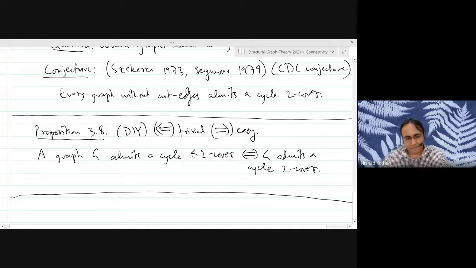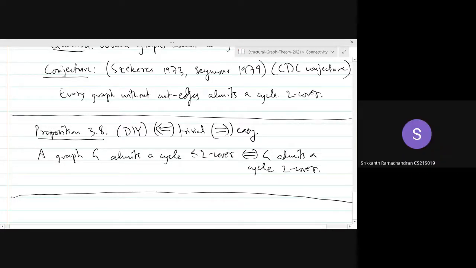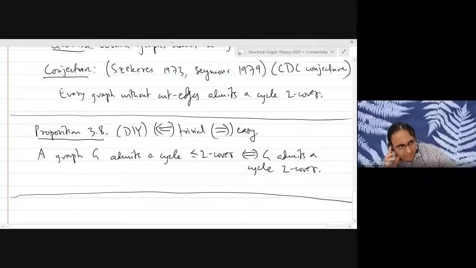I don't see why you would repeat graphs in the family H. Isn't it true that if there's a repetition and you just remove one, then that is also a K cover? Well, if you repeat and you are using each edge twice, by removing a cycle, some edges will now be used once.